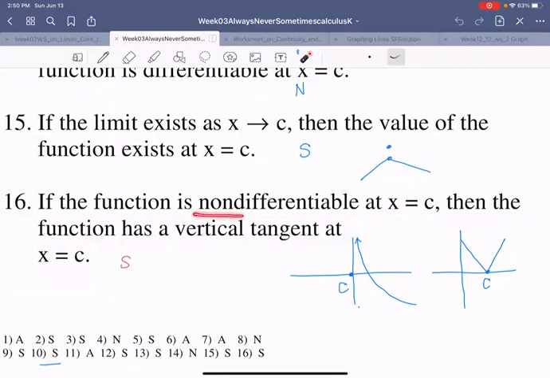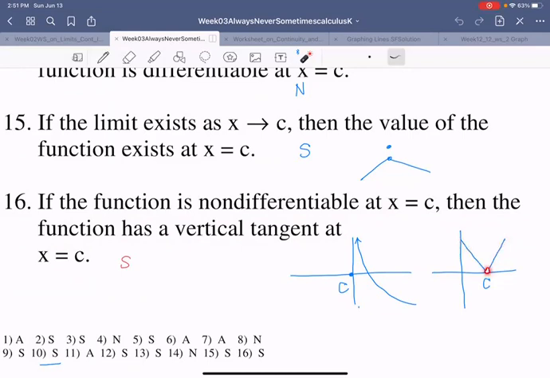Look at this. What does this mean? This is the absolute value function. We already know that even though this is continuous, the derivative here does not exist because the slope from the left does not equal the slope from the right.